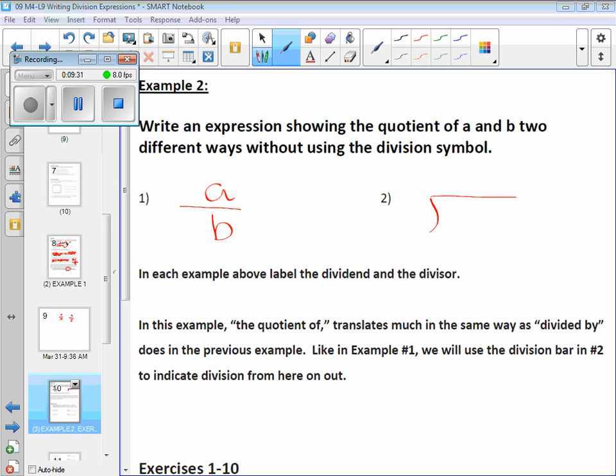Step back, yes or no? So far, A divided by B. Switch it up. That's it.